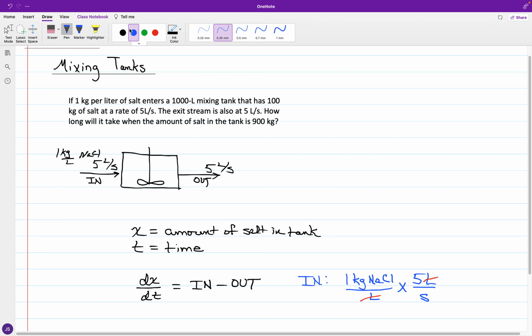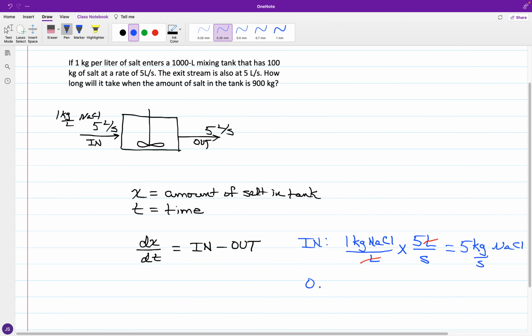If you notice, in terms of the salt, we're looking at 5 kilograms of salt per second entering the tank.